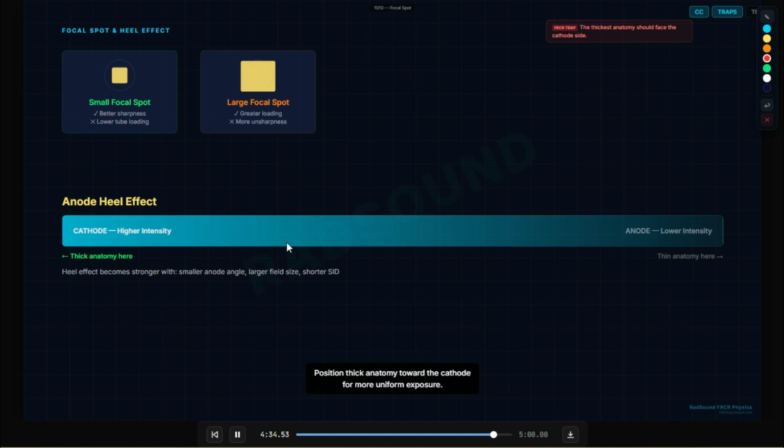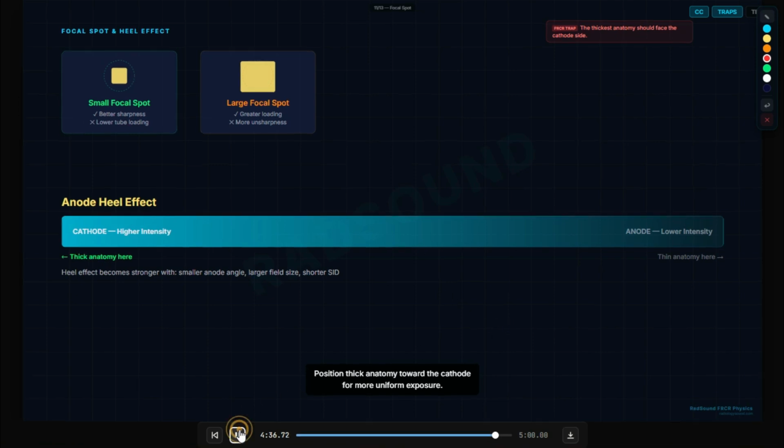And sometimes remember another effect, the anode heel effect. As we mentioned in lecture 1, the electron beam is coming from the cathode to the anode target. So sometimes the X-ray coming out of the window is more intense toward the cathode.